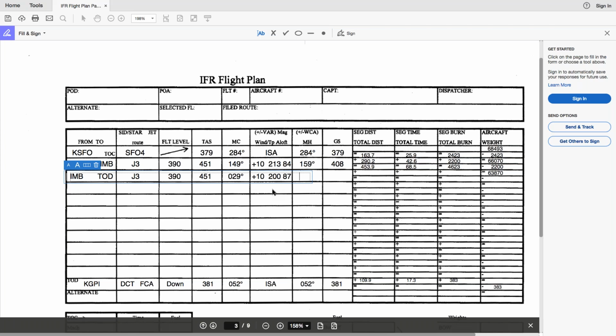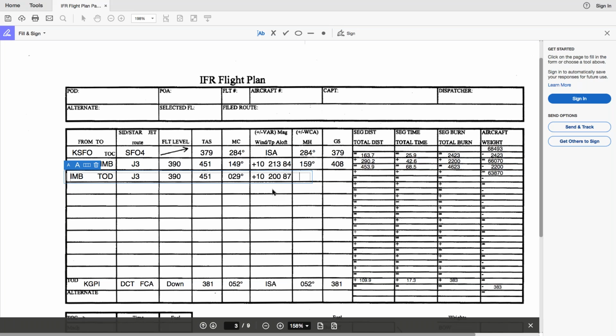Now we go back to our E6B. On our E6B, the true course that we're using now is going to be 029. The true airspeed, 451 knots.